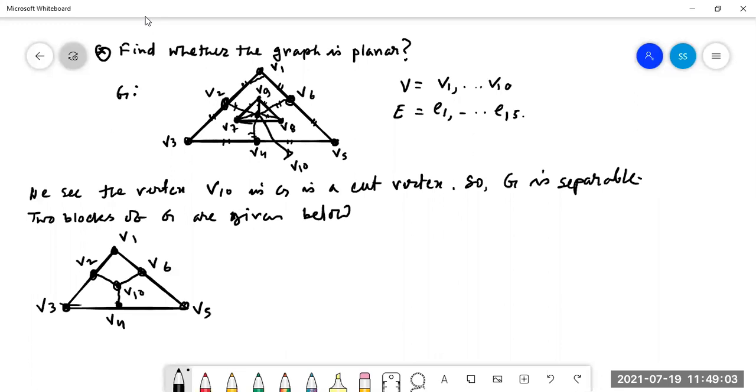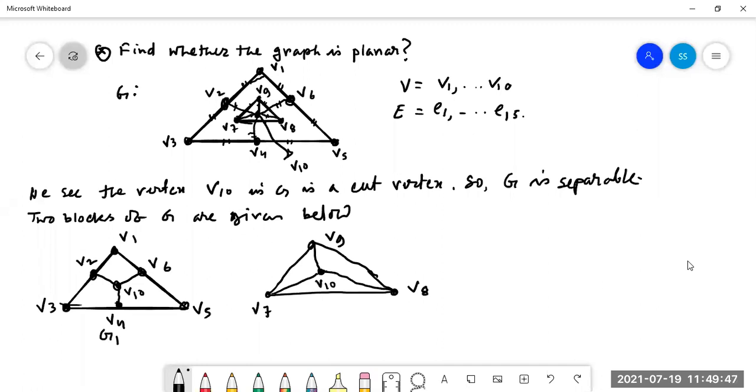This is G1, and another block would be V9, V7, V8, and V10.